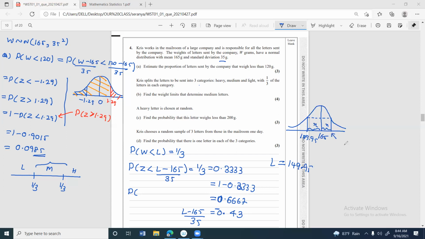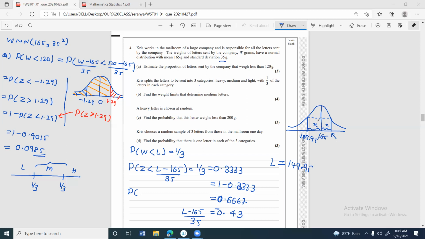So how do you get this boundary? The gap over here is 165 minus 149.95, which becomes 15.05.